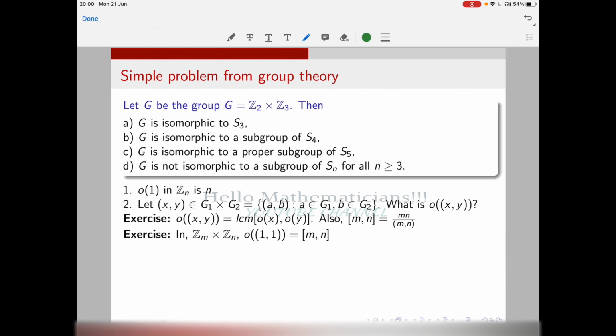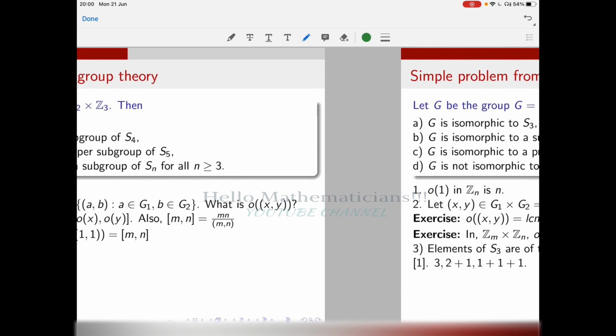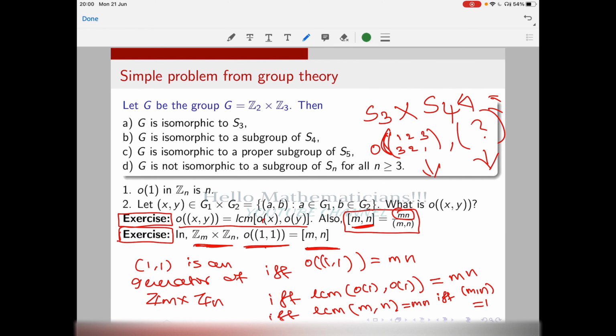Now we have proved this result. We proved that (1, 1) is a generator if and only if GCD of m comma n equals 1. But (1, 1) being a generator means that Zm cross Zn is a cyclic group. So Zm cross Zn is cyclic if and only if GCD of m comma n equals 1.